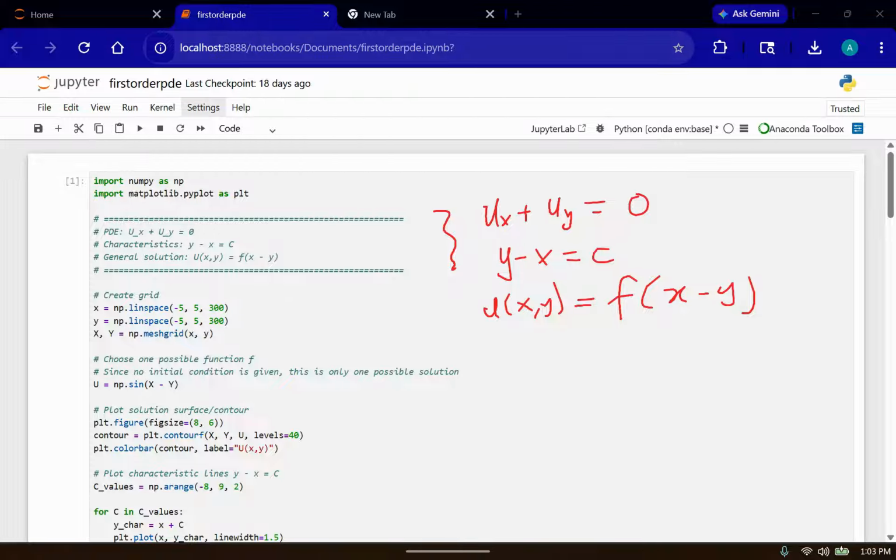For this, it means any function of the form x minus y should work, right? We don't have any initial conditions. So we chose a solution to be u is equal to sine of x minus y.